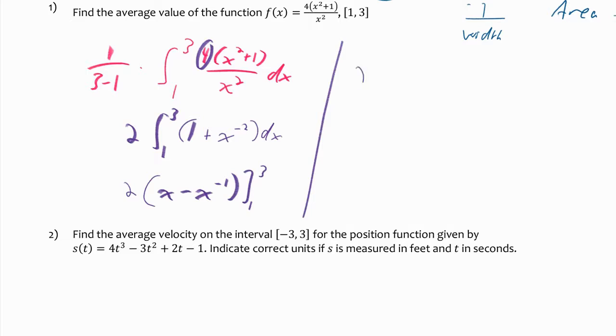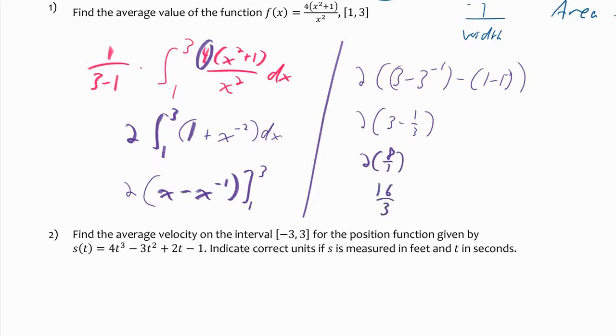So we get 2 times 3 minus 3 to the negative 1, then minus 1 to the negative 1, which is just 1. So I get 2 times 3 minus a third, or 2 times 8 thirds, or 16 thirds. So that's what's considered to be the average value of the function, and it is a value. You end up with a single number, 16 thirds.